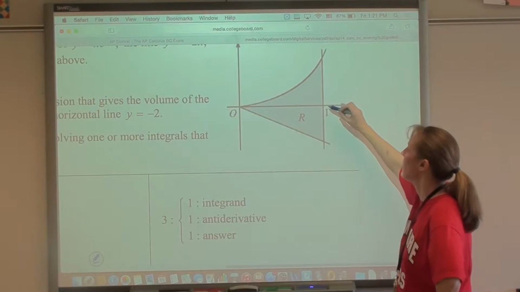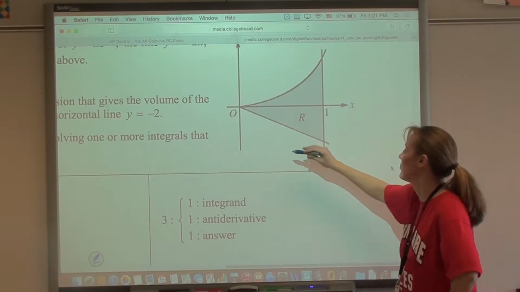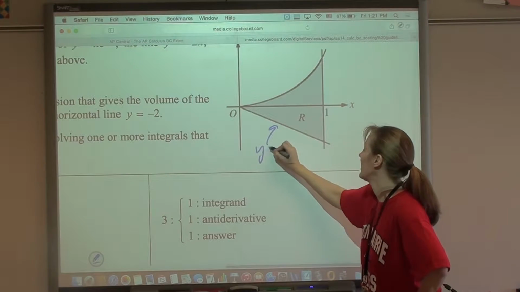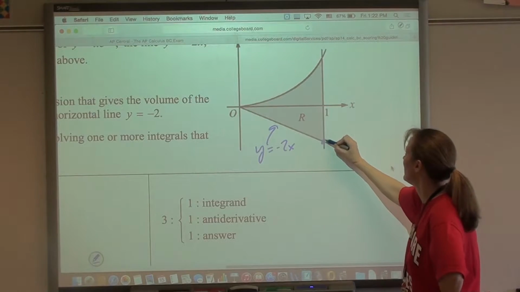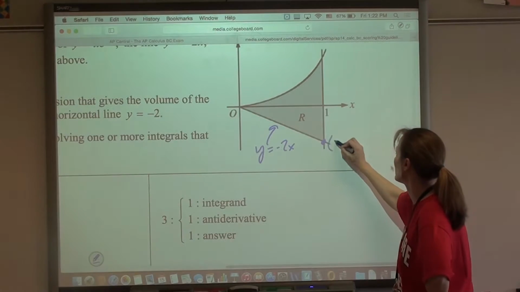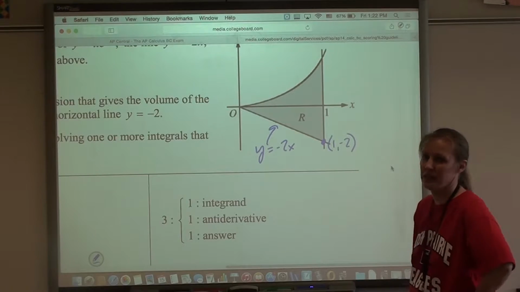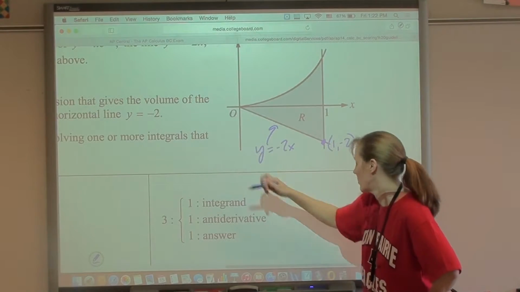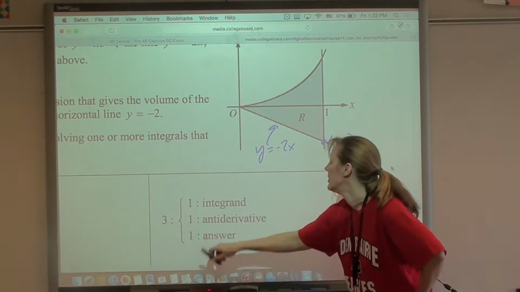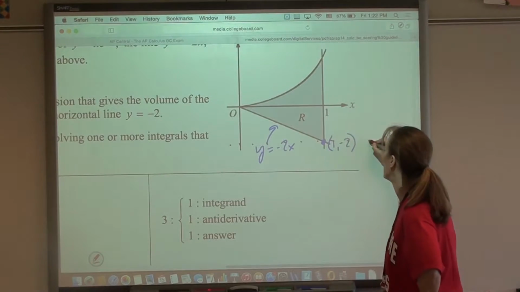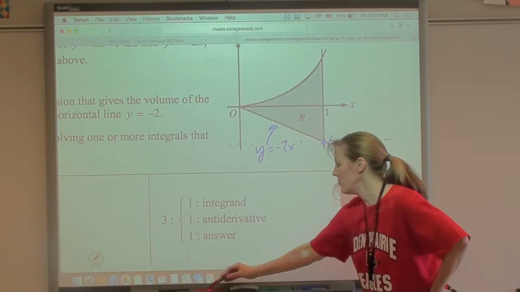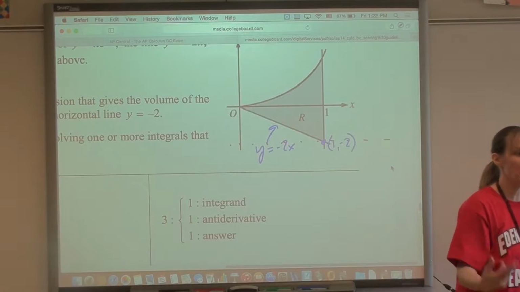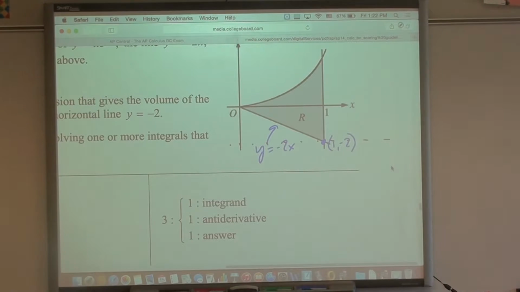If we plug 1 into this function, y equals -2x, this point is the point (1, -2), right? So y equals -2 is a horizontal line right there. We have two methods for finding a volume by revolution where there is space between the region and the axis.